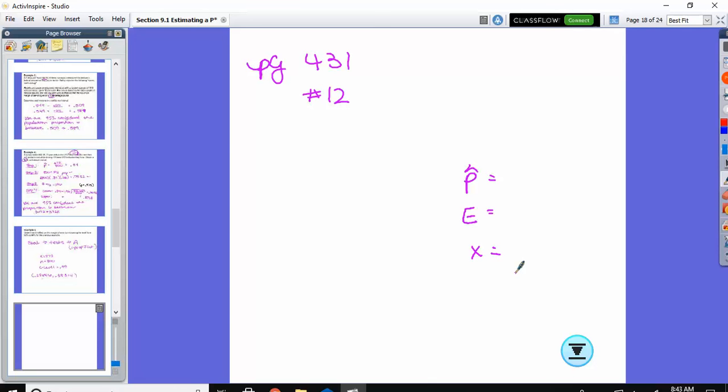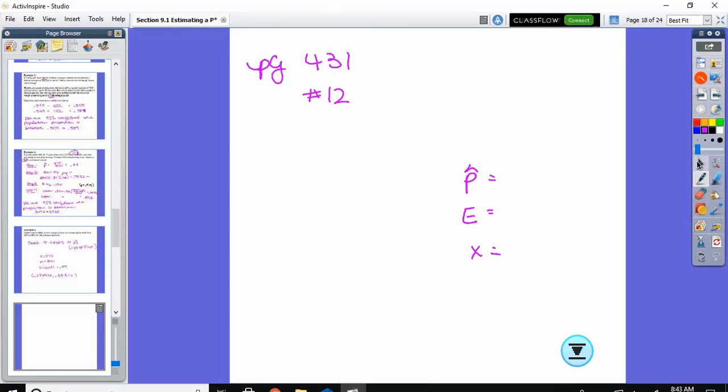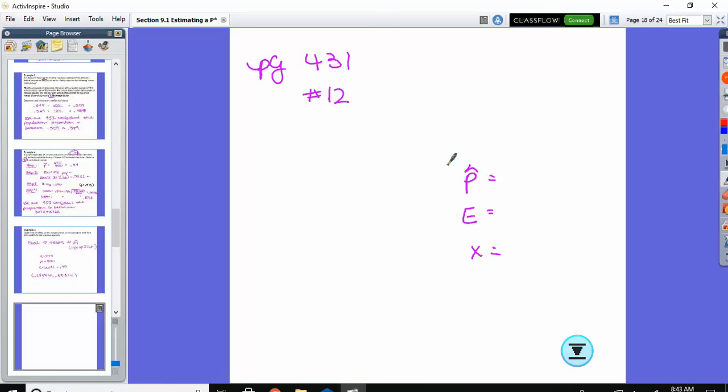Now, the first question, your p hat, is actually not that difficult to find. I've told you that your p hat is like the center. And to get your confidence interval, you add and subtract your margin of error from that, right? So if you have your upper and lower limits, your p hat has to be right in the middle of those. So how do you find the number in the middle? What do I need to do with those? Yep, add them up, divide by 2.